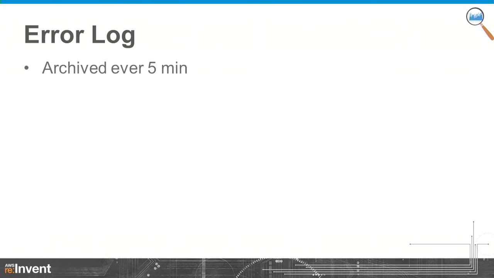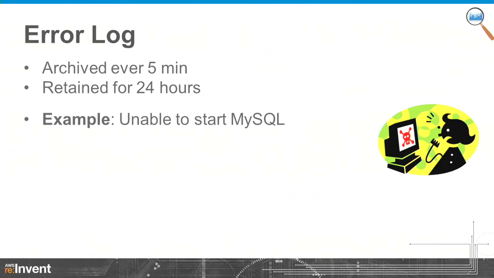So error log: RDS archives error logs every 5 minutes and retains them for 24 hours. So typically what happens in MySQL environments is whenever MySQL restarts, the error log is typically lost because it starts afresh. So with RDS, we archive the logs every 5 minutes so that you can go back in history and triage specific issues. So one example here could be, MySQL is just restarting several times.